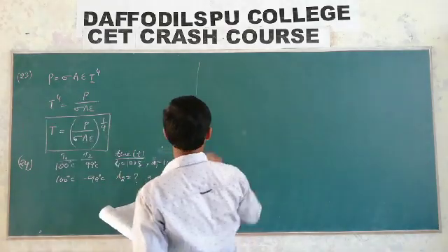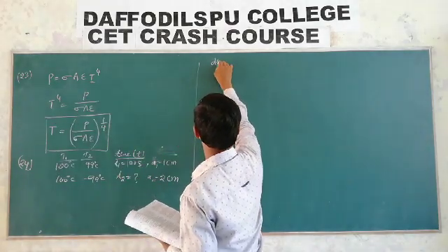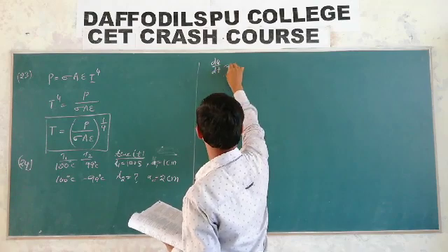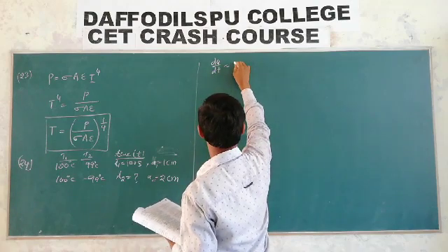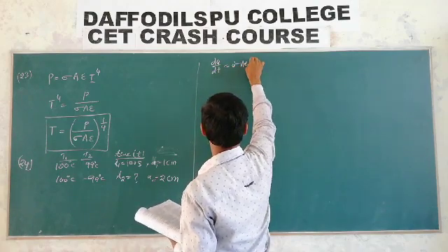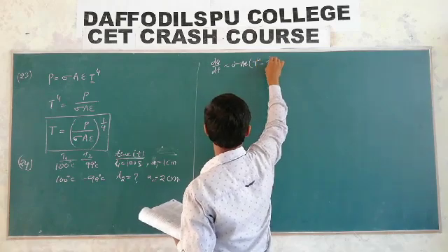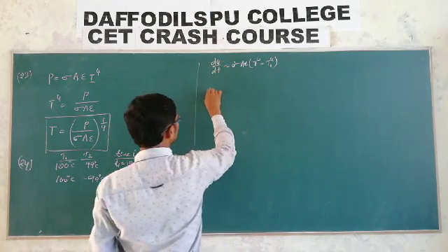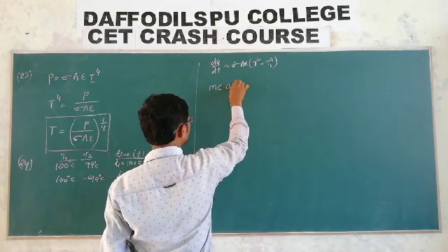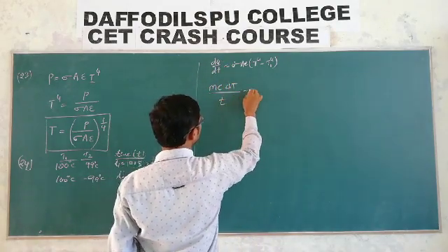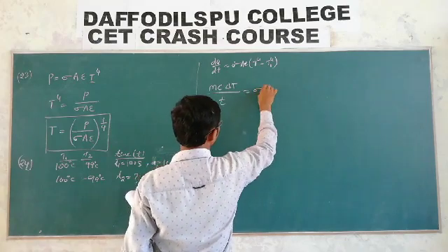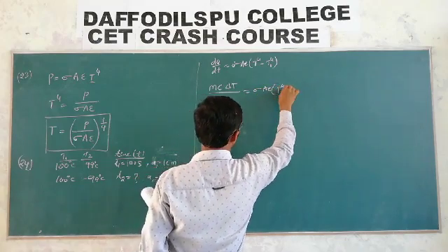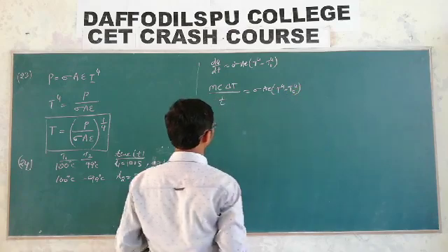Rate of loss of heat dQ by dt is equal to sigma A E into T power 4 minus T naught power 4. But remember Q is nothing but m c delta T, so m c delta T by t is equal to sigma A E into T power 4 minus T naught power 4.